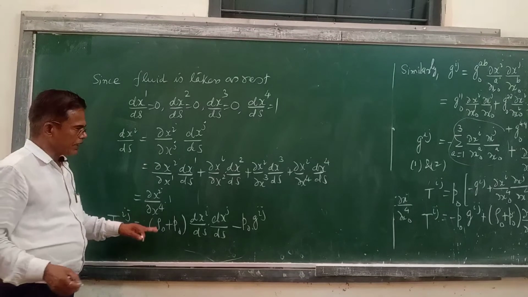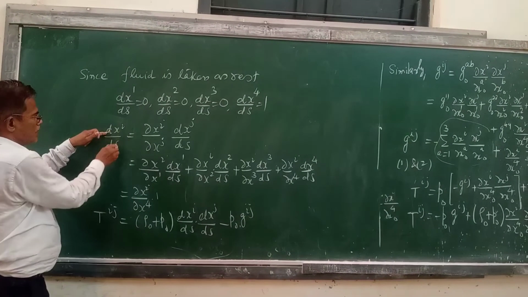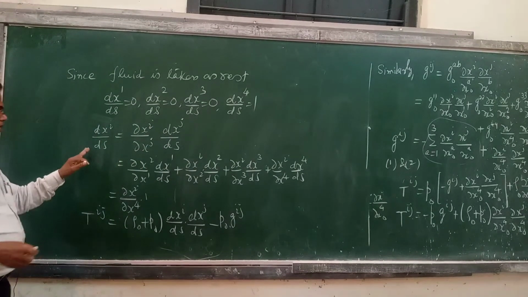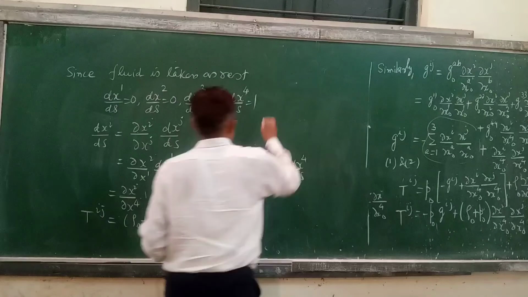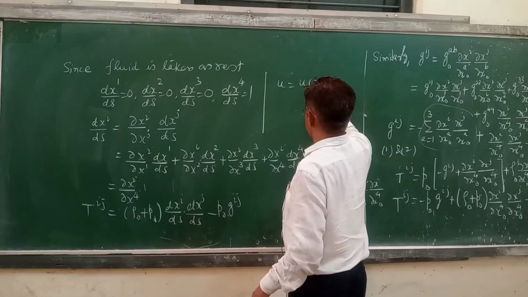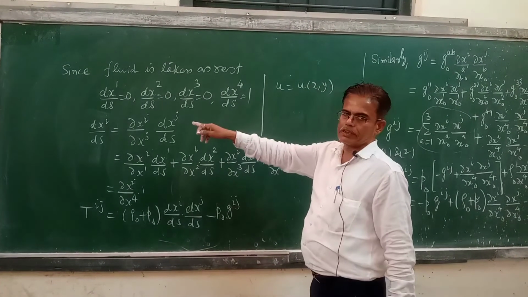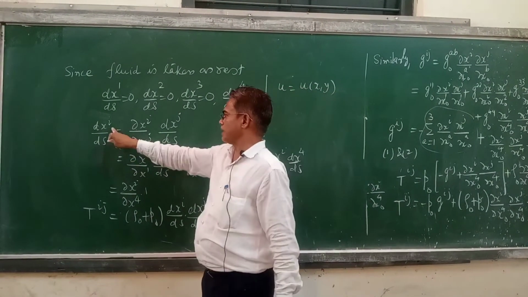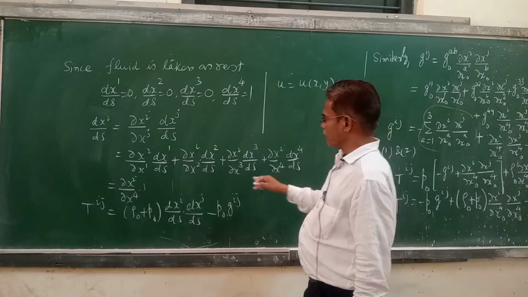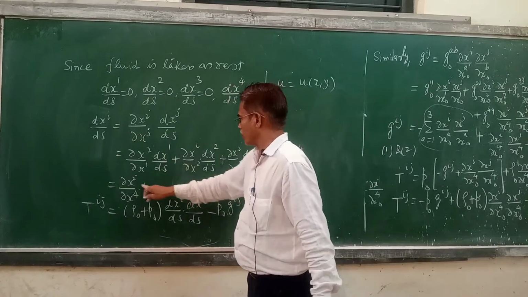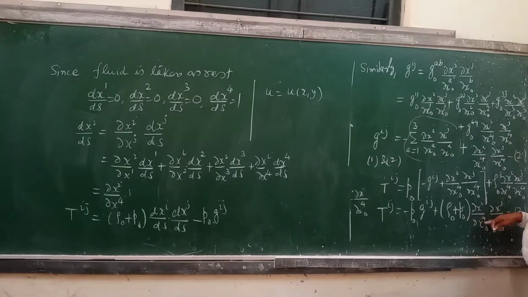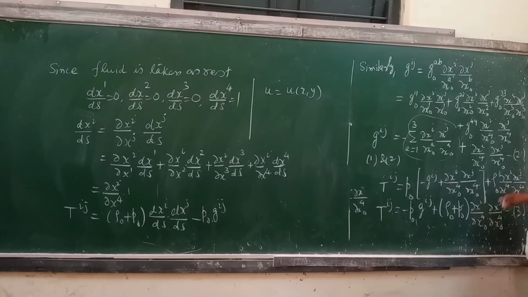Here we see that dx I upon ds is equal to del x I upon del x j dx j upon ds, as we know in differential calculus, by the definition of differentiation. So by putting dx I upon ds equal to del x I upon del x 4, here del x I upon del x 4 is equal to dx I upon ds, and dx j upon ds.